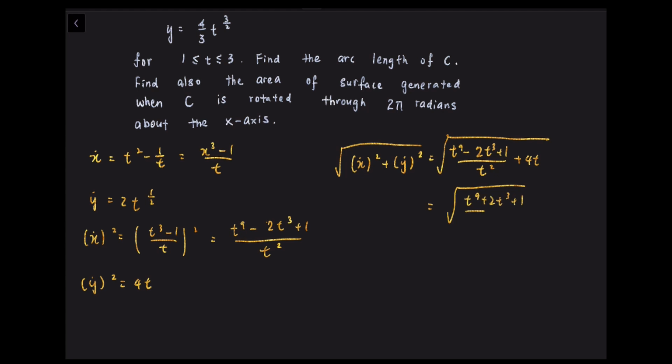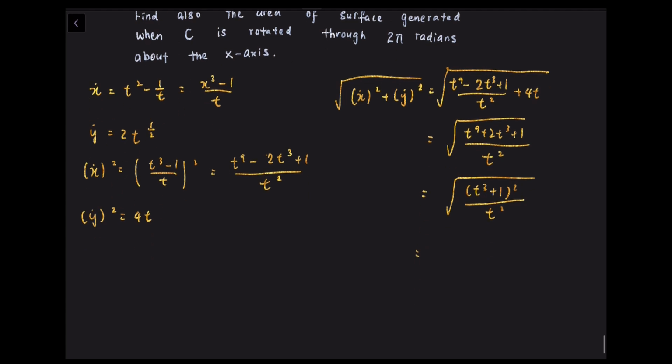And then we factorize the numerator, we get t cubed plus 1, squared, over t squared. And now we have both squared on the numerator and the denominator, and the square root can be cancelled out, which simplifies to t cubed plus 1 over t.